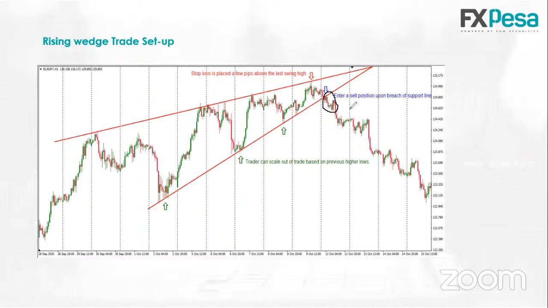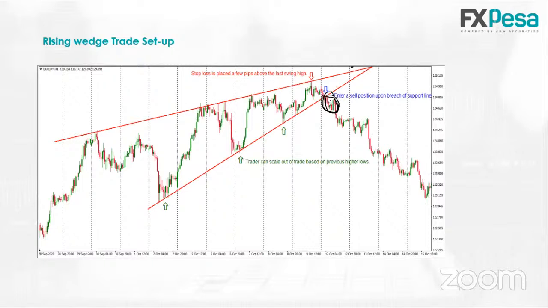And you'll know the break has already happened if you have a number of candlesticks forming below that trend line, or if you're dealing with a continuation, then it would be above the upper trend line. So in this case, within this zone, you'll have identified that the market is already pushing towards the lower side.